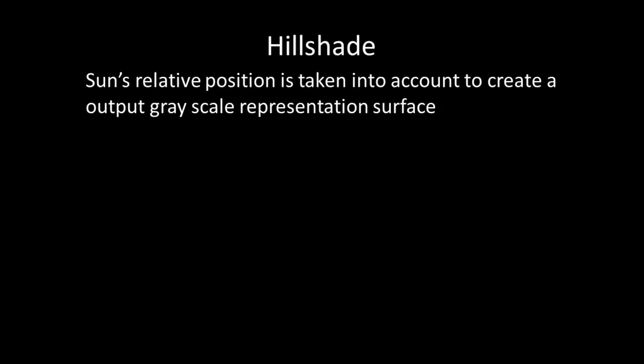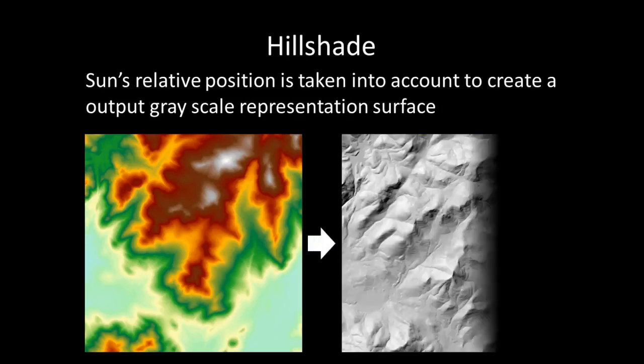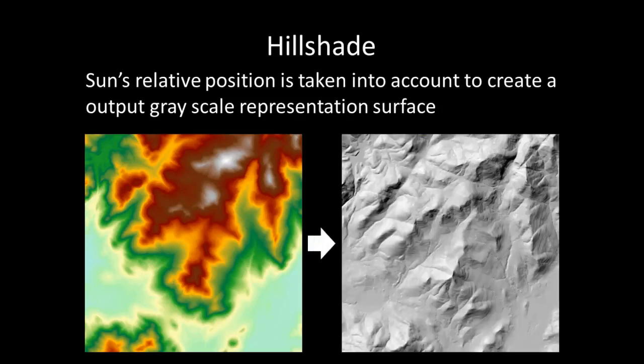For example, using the previous elevation surface, we can run the hillshade command to create the output hillshade. In this example, the default azimuth of 315 degrees, along with an altitude of 45 degrees from the horizon, was used as the light source, thus creating the darker areas under some of the mountainous peaks as seen here due to shadowing.